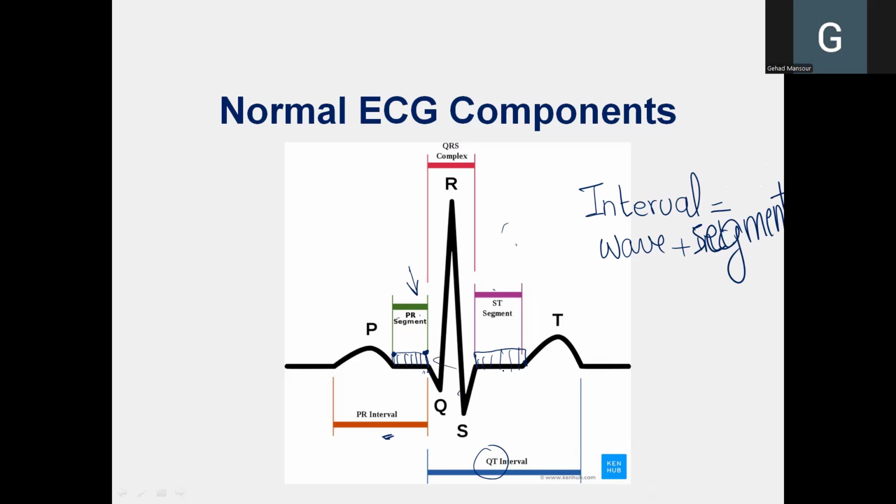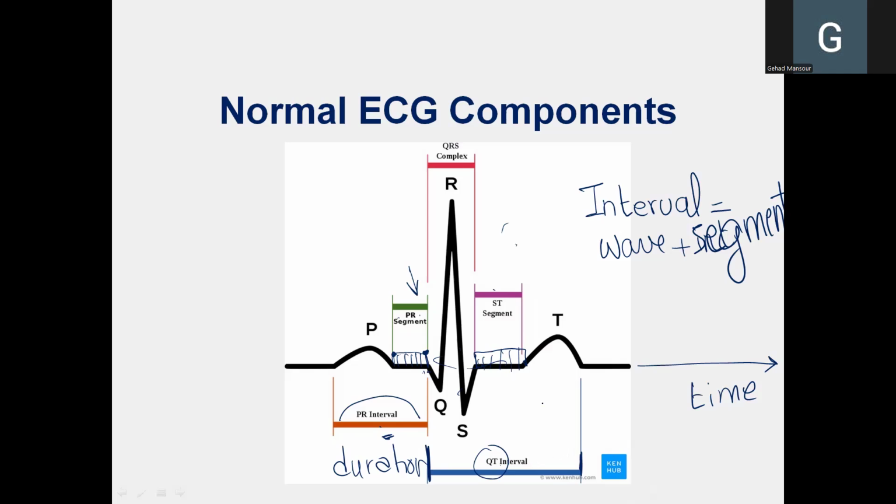Of course, this axis is the axis of time. So when we say PR interval, we are interested in the duration of the PR interval. And the QT interval starts at the beginning of the Q wave and ends at the end of the T wave.